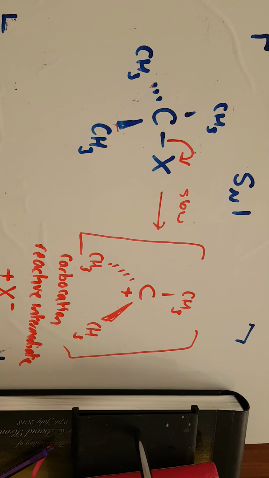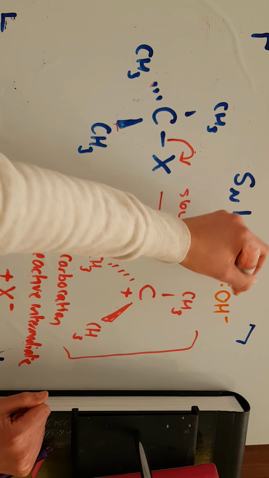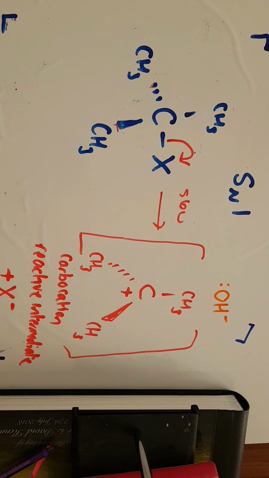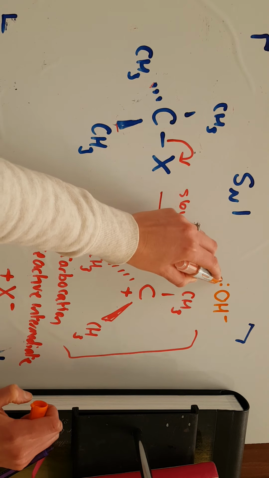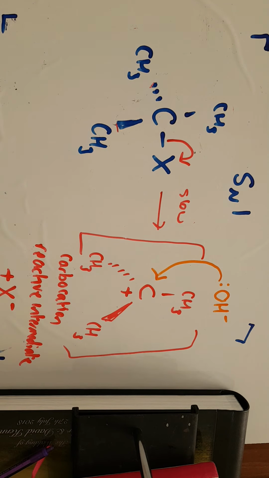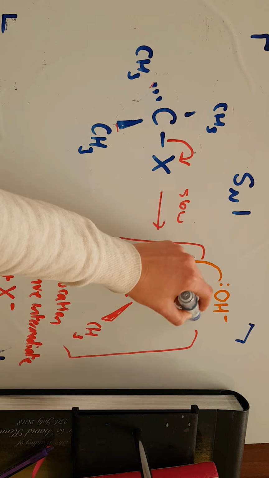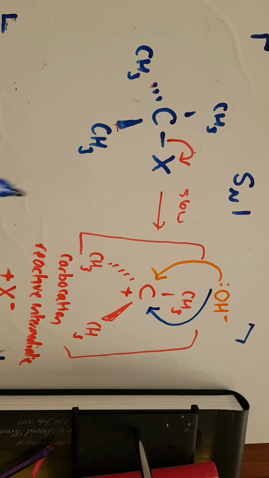Okay, what can happen now is your nucleophile, so let's stick with the hydroxide, can attack at either side. It can either come in this way or it can attack this way.